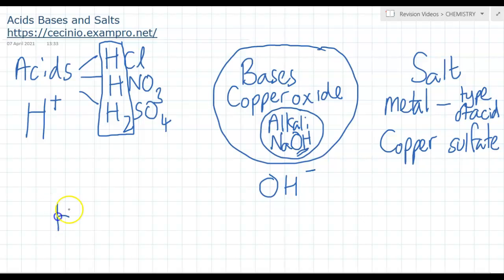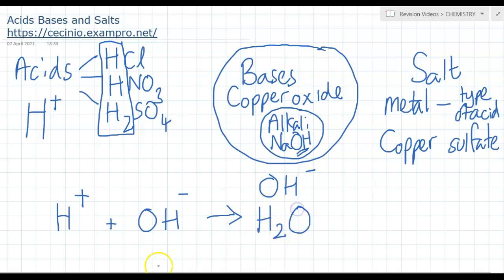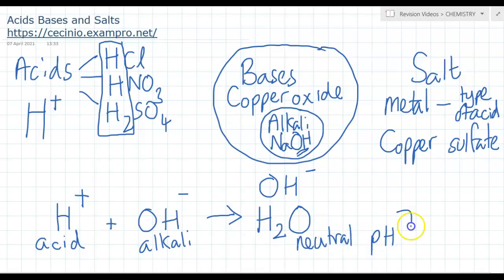When hydrogen from an acid reacts with hydroxide from an alkali, they join together and make H2O, water. So you're basically saying water is half acid and half alkali, and that's why water is neutral, with a pH of 7.